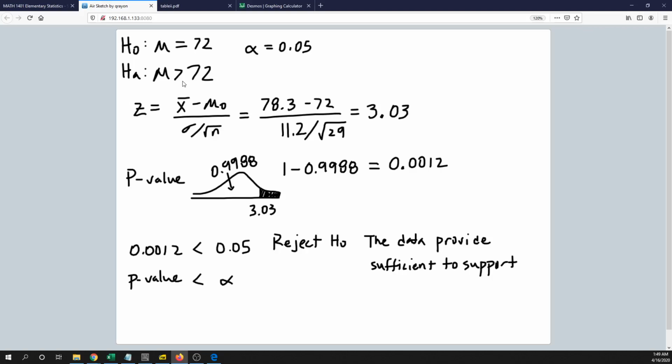And so that is to support that the mean post-work heart rate exceeds 72 beats per minute.